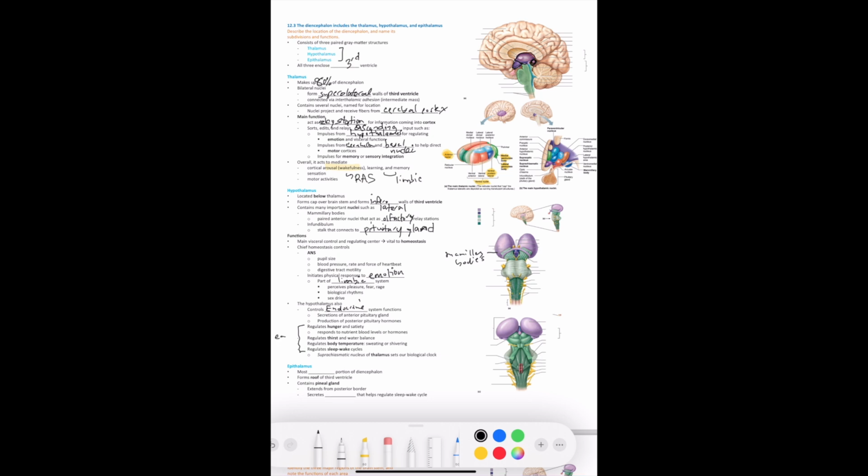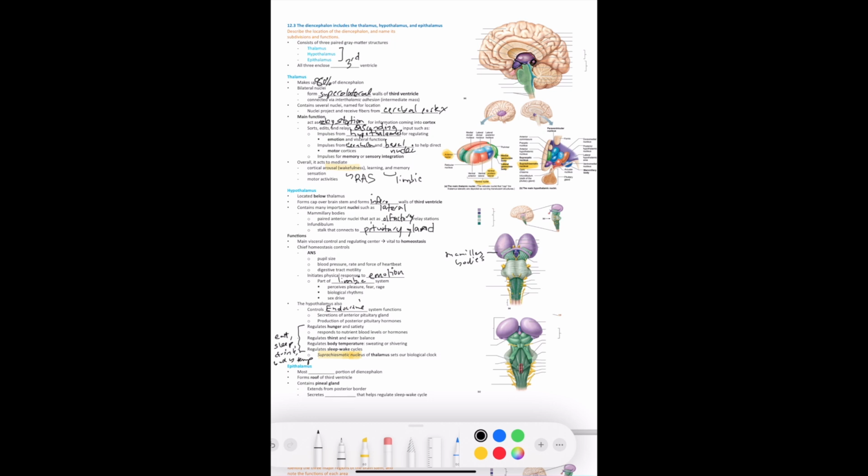So to eat, sleep, drink, and as well as our body temperature. The hypothalamus is going to help regulate all of these different basic functions here. One structure to make note of is the suprachiasmatic nucleus of the thalamus that's going to help set our biological clock. That is going to be found right over here.